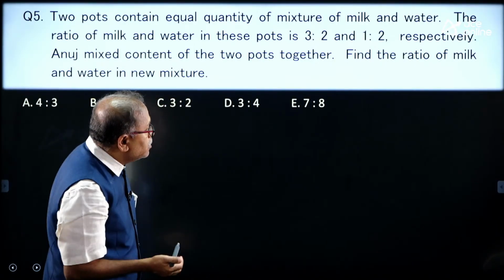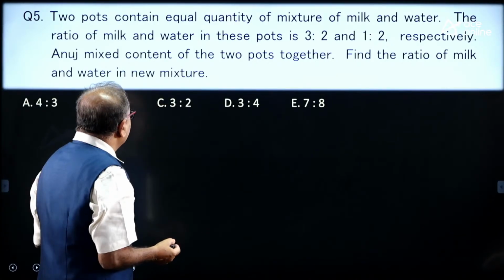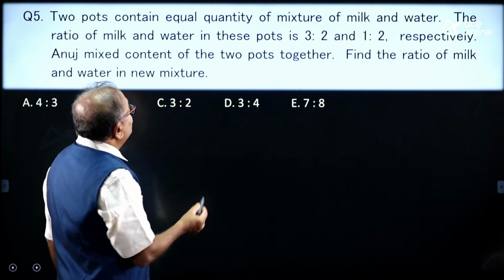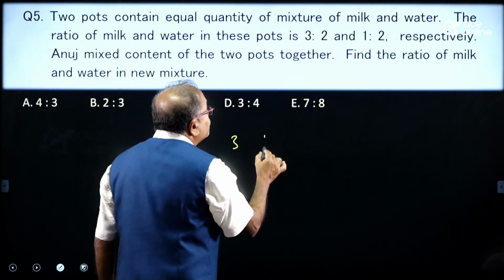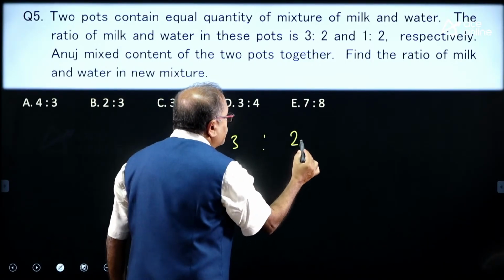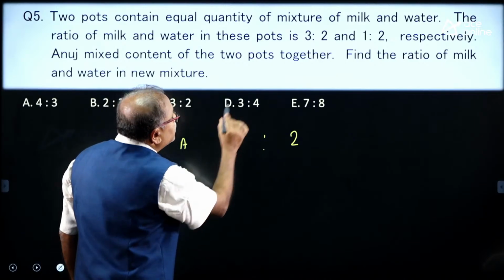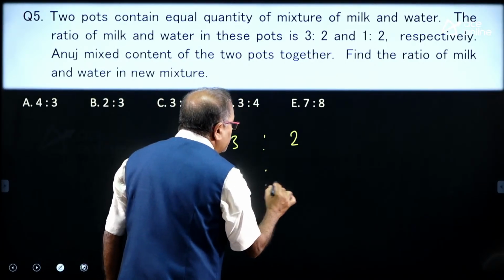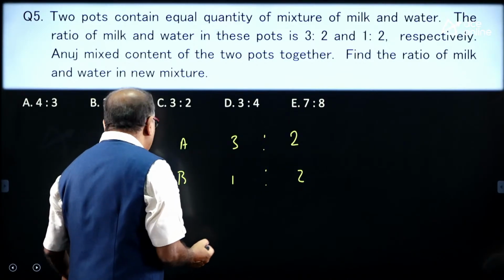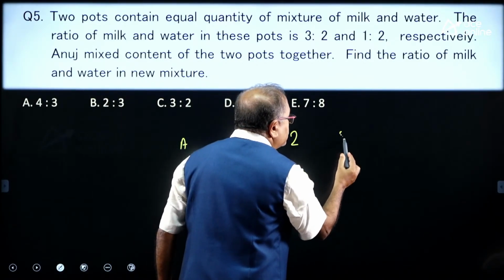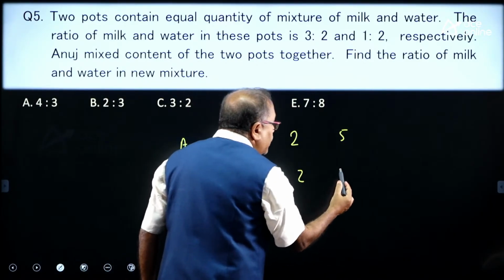Now, I am going to start answering the question. Here I already know that the total quantity is same. In the first one, the milk to water ratio is 3:2, and in the second one, milk to water ratio is 1:2, and I know the total quantity is same. What is the total over here? 3 plus 2 is 5 total quantity, and this is 3.